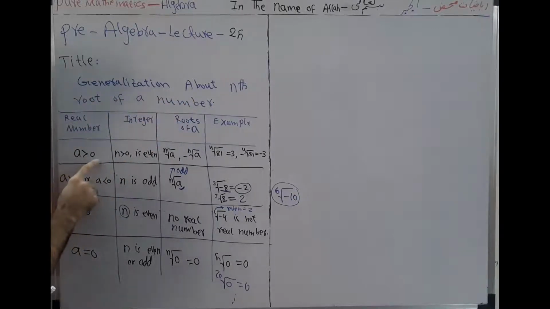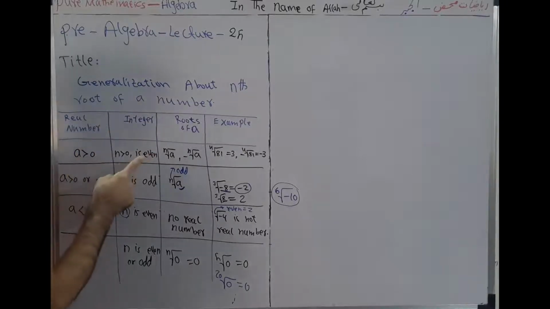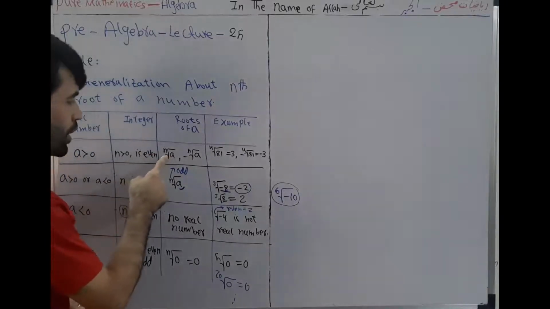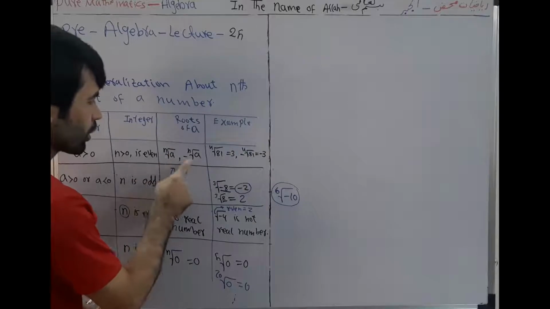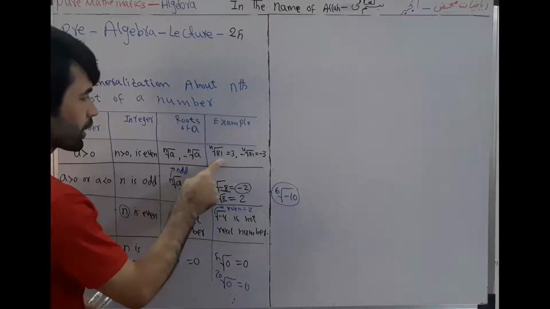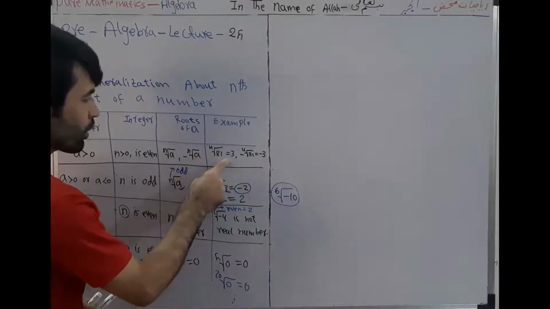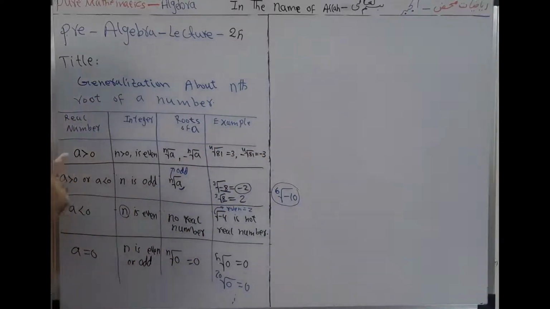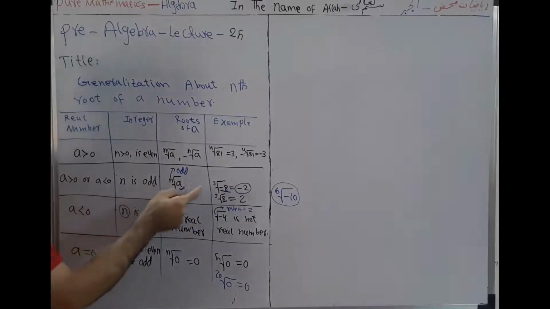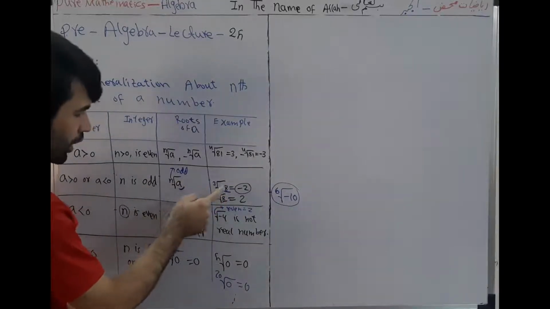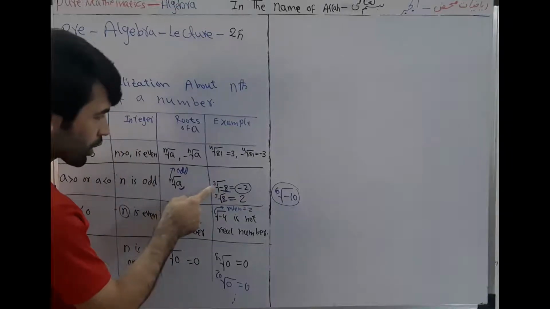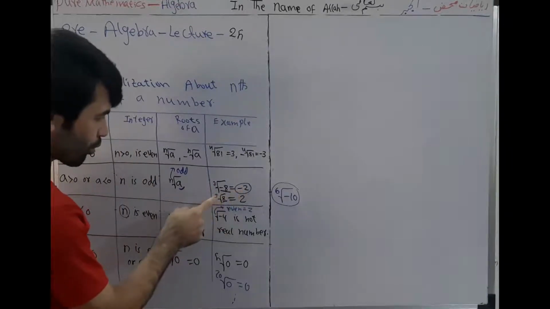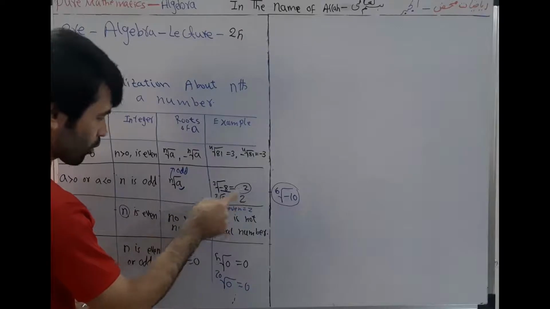If a is greater than 0 and n is an even integer, then the root of this expression exists. The fourth root of 81 is equal to 3, and minus the fourth root of 81 is equal to minus 3. If a is positive or negative, both, and n is an odd number, then the root exists. The third root of minus 8 is equal to minus 2, the third root of 8 is equal to 2.